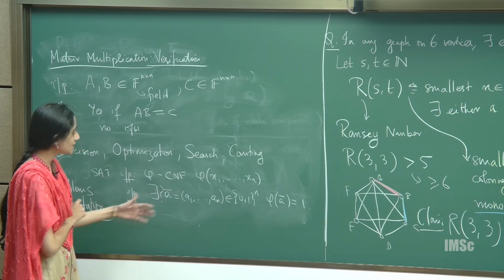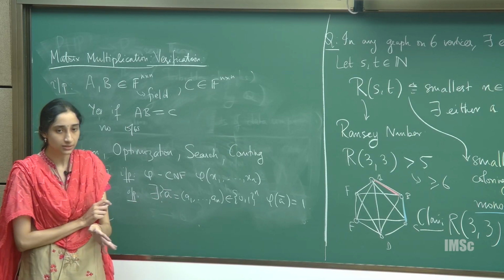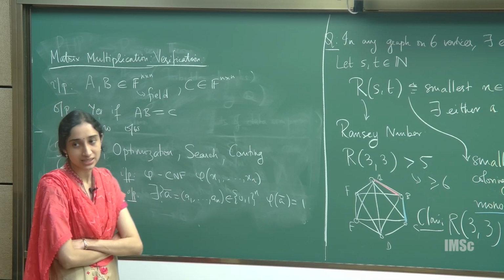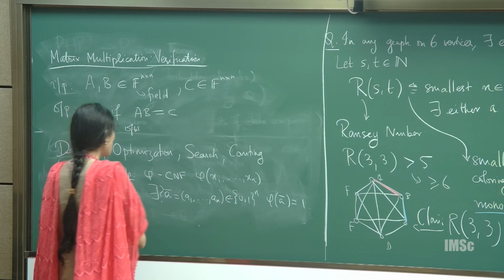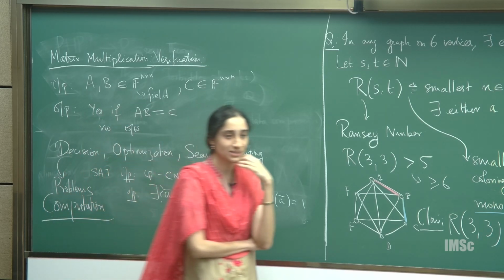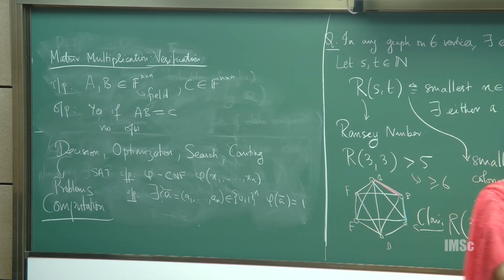So SAT actually is searching for a satisfying assignment, but this brute force algorithm was doing more. It was counting the number of satisfying assignments. So would decision be easier than counting? Should counting be easier than decision? It appears that decision is easier than counting, right?